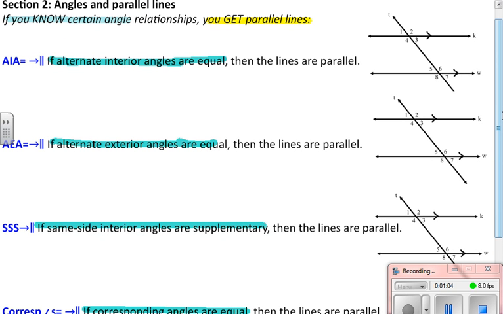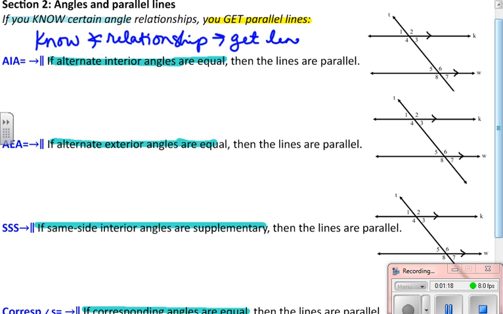So the summary of these first four is if you know the angle relationship, then you get the lines are parallel. So if you can say each of the different kinds of relationships are true, they're either equal or supplementary, then you can conclude in your next step of a proof that the lines are parallel.